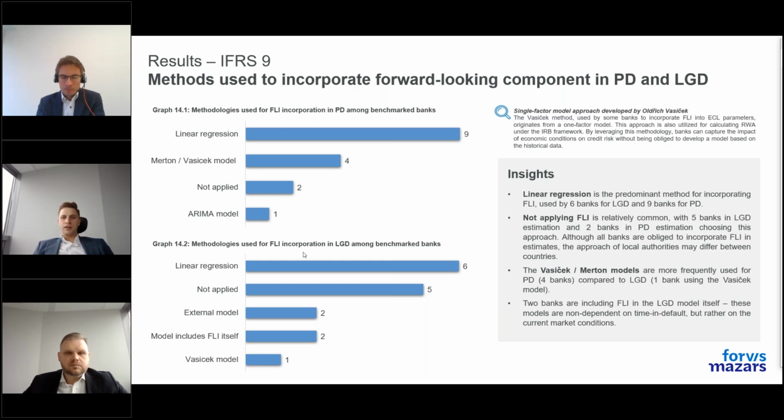Another common method is to use single factor approach, known also as Vasicek model. Those of you who are working on IRB models in regard to RWA probably know this model as it is part of the IRB RWA formula.